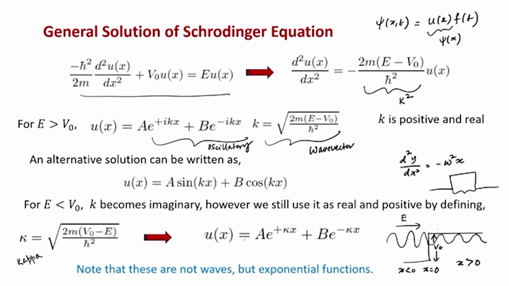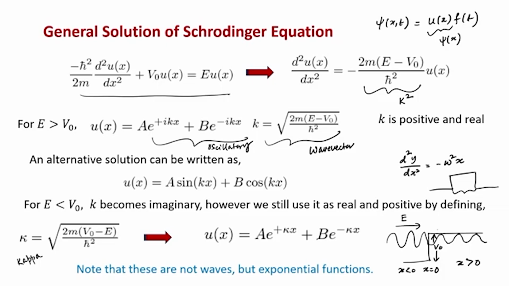We will still use kappa to be real and positive, but the solutions are no longer waves; they are exponentially growing solutions and exponentially dying solutions. And in some region of space, maybe one of them is prohibited due to the symmetry of the problem, or due to the boundaries that are set by the problem.